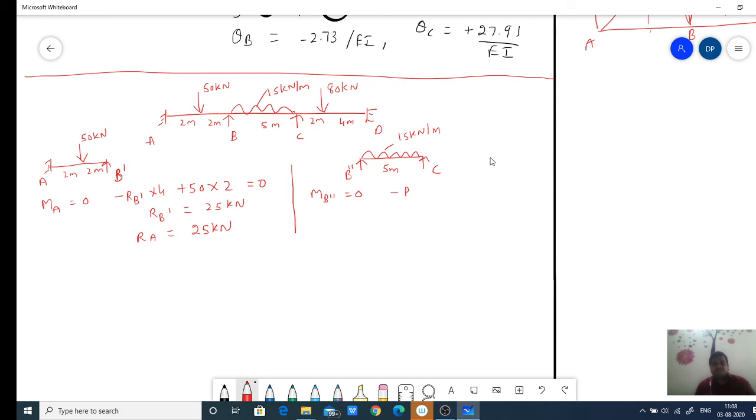So this will be minus RC into 5, plus 15 into 5 into 2.5 or 5 by 2. Now for this equation, to calculate RC, I need to equate to the other side, and that entire value is divided by this.